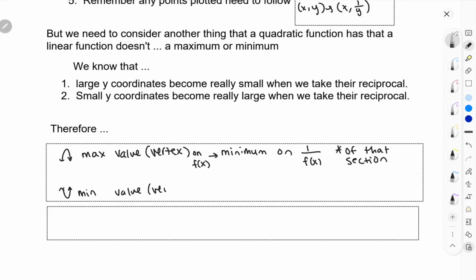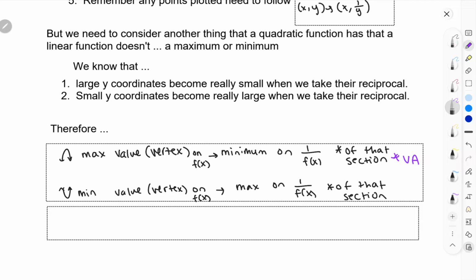A minimum value at my vertex on my original function means that it will become the maximum value on the reciprocal function. And again, of that section, and this is because those vertical asymptotes will divide things up.